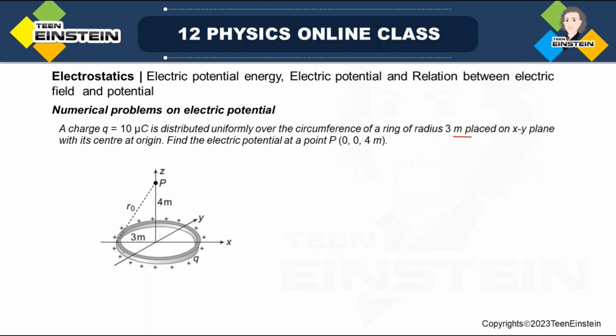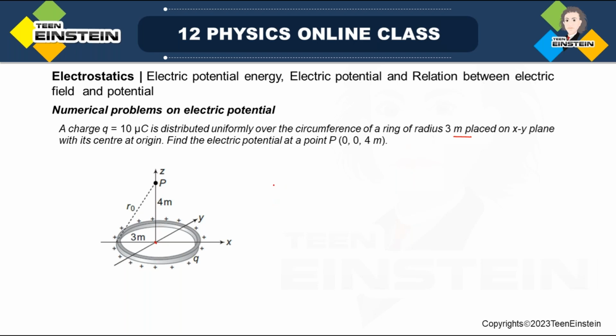You see this horizontal plane is said to be the xy plane here, with its center at the origin. Find the electric potential at P. That point P is on the z axis, so this is the axis of the ring.